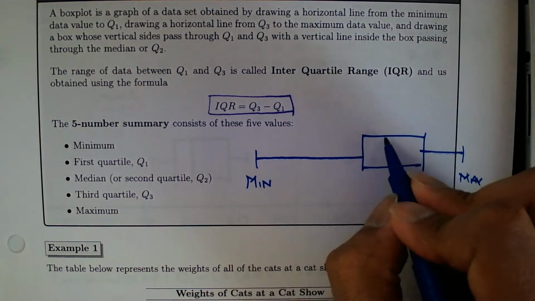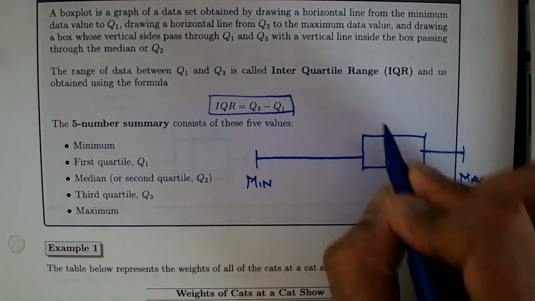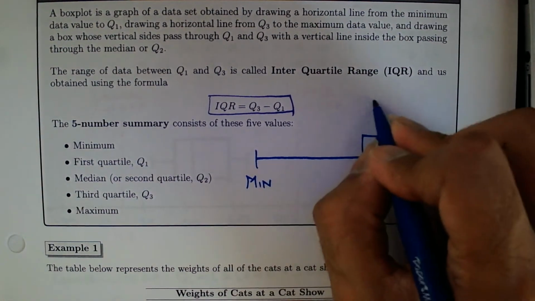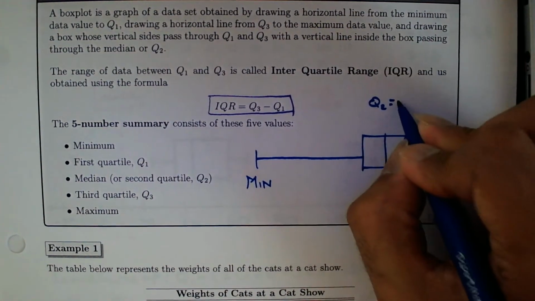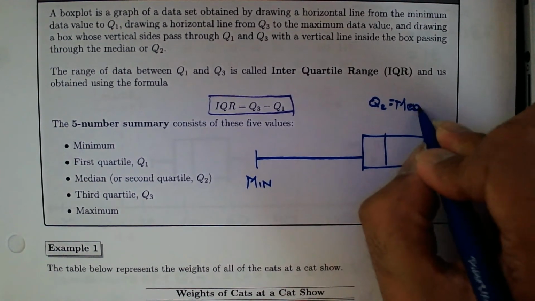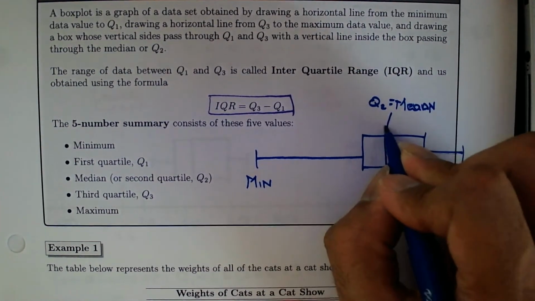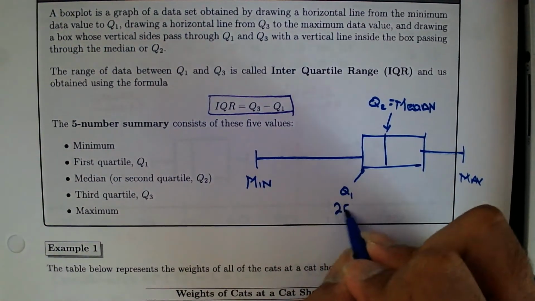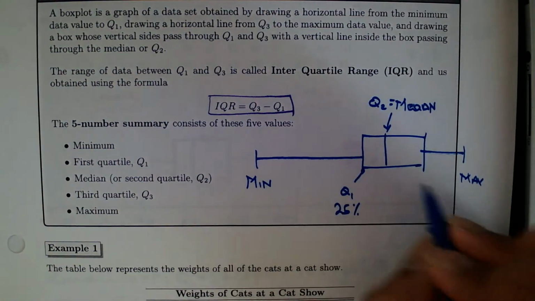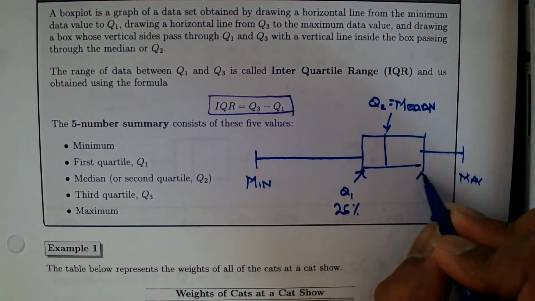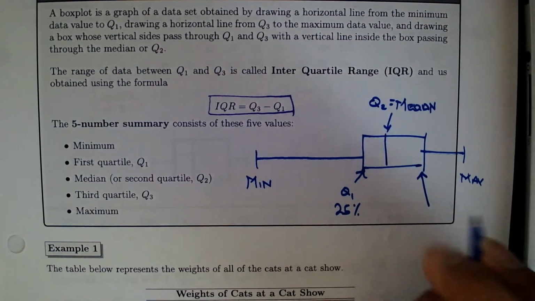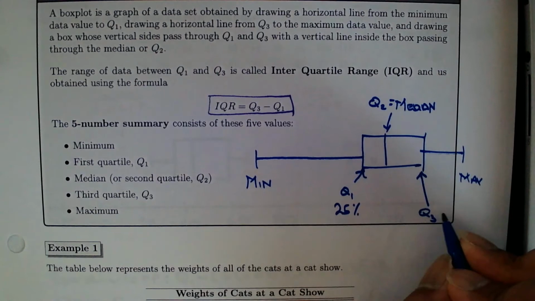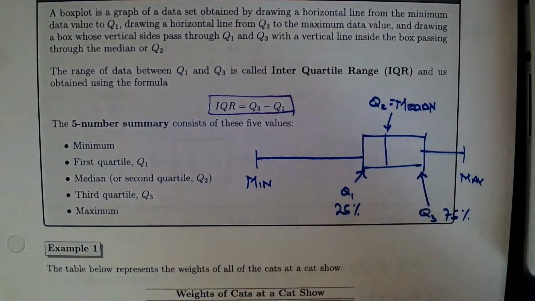And somewhere, maybe here, we're going to have the median, which is Q2. We're going to have over here Q1, which is the 25th percentile. And over here the position of Q3, which is the 75th percentile.